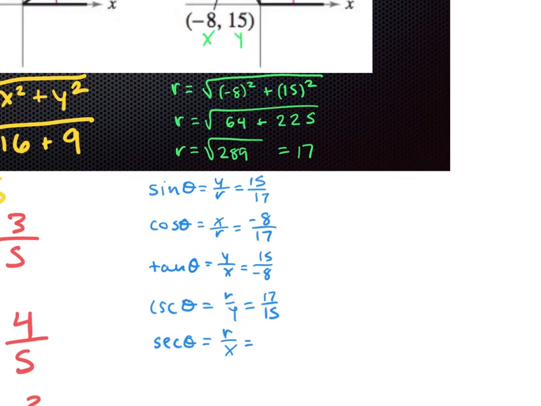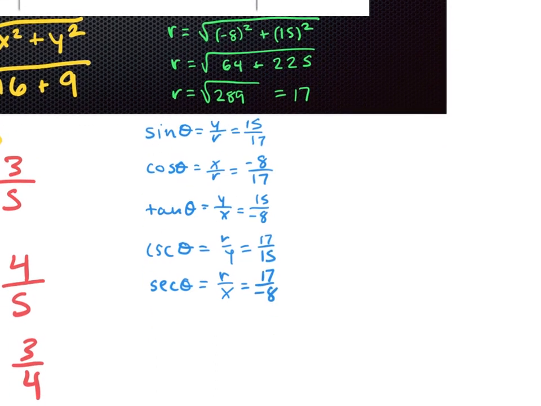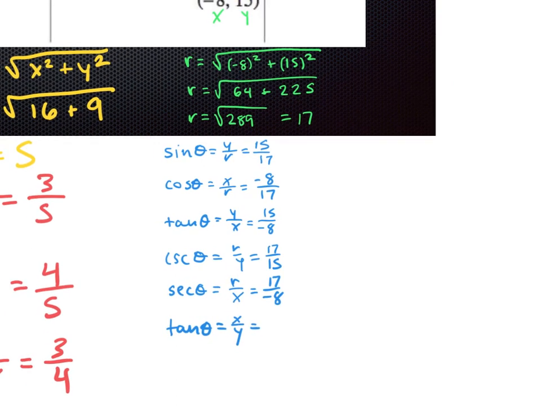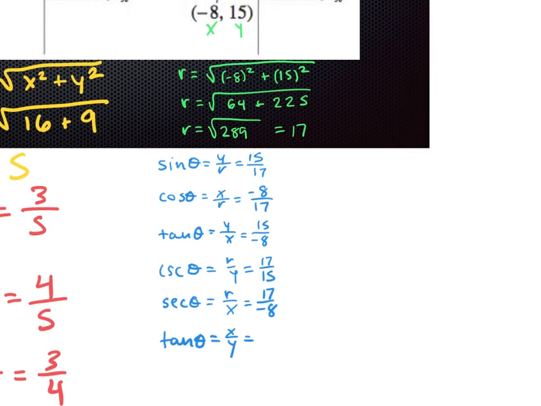So what would secant be? 17 over negative 8. And then cotangent is x over y. So that would be negative 8 over 15.